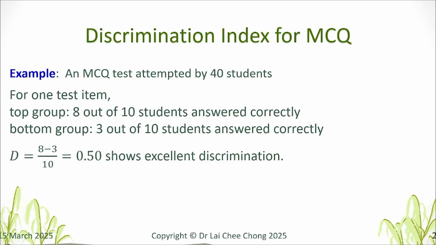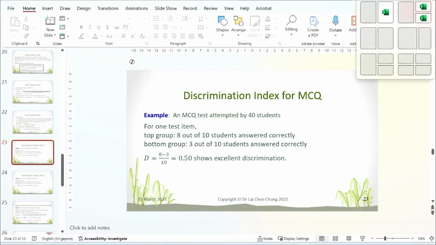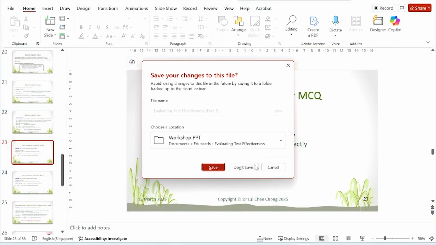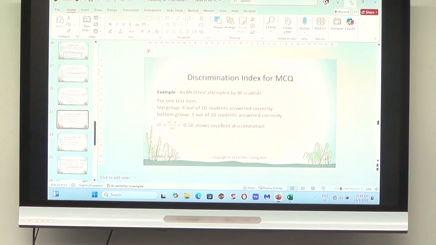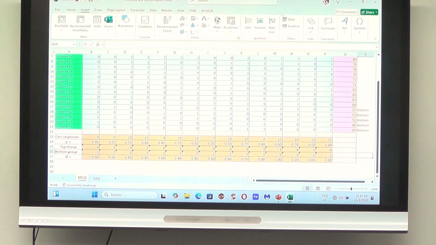Yeah, it doesn't close. Wait a minute. I better close it. This one. Can you see? No. Okay, so that's how you do it.